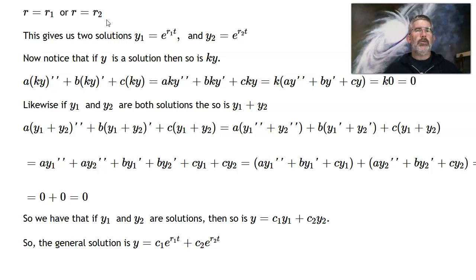Now, if you get that quadratic equation with only one solution, or maybe no real solutions, then, well, if you get just one solution, then certainly you have a solution. The question is, what's the other one? There's got to be another. It turns out that you'll always need two independent solutions here.